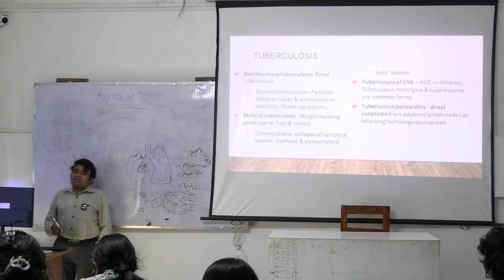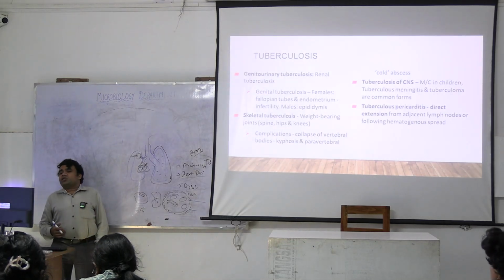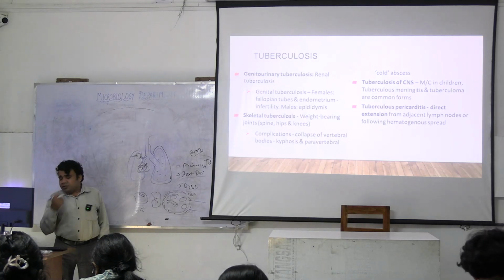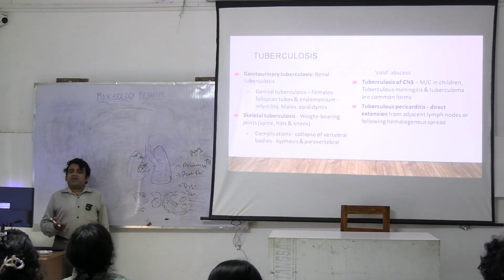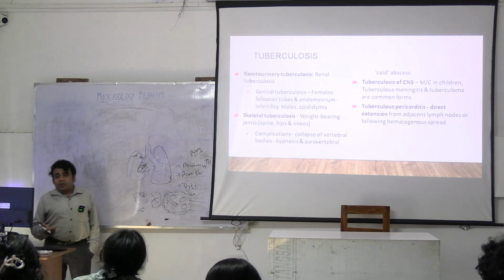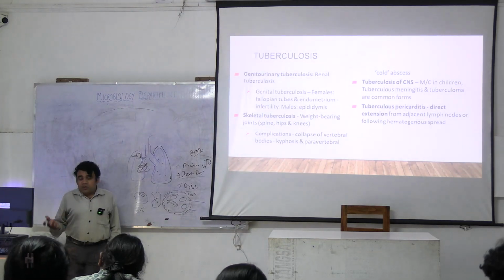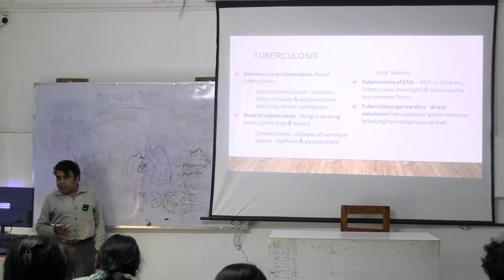Okay. Other than that, we can have genital urinary tuberculosis. It may affect the most commonly in females. Fallopian tubes are affected. Endometrium is affected. It is one of the very important causes of infertility in India.